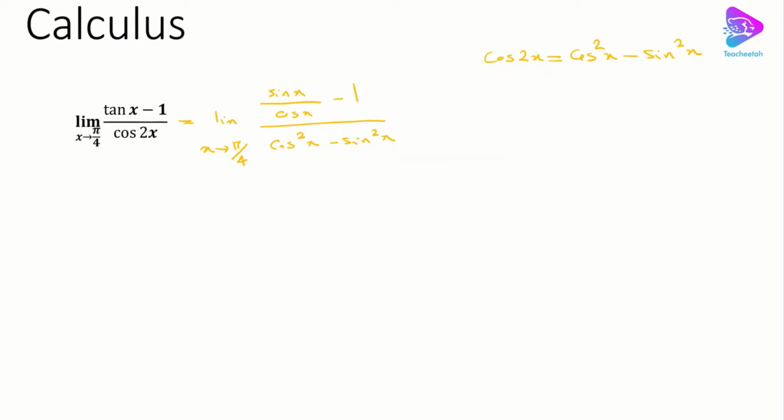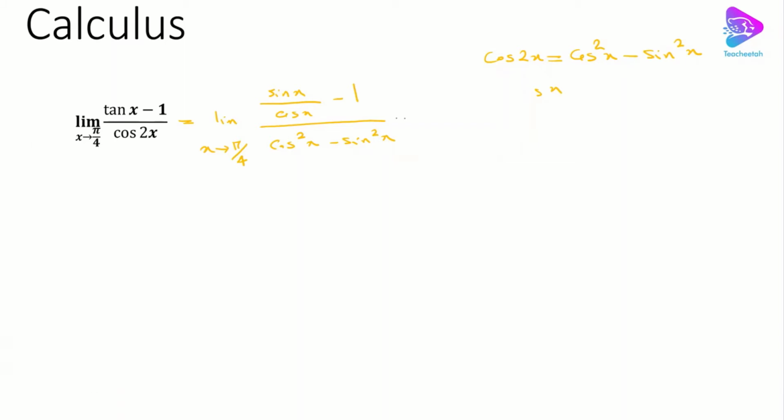Okay, now we have x approaching pi over 4, we have a new function, and we have to try to simplify it as much as we can in order to solve this problem. So the first thing, for the top we can get the common denominator, so it's going to be sine of x minus cos x. Let me use another color.